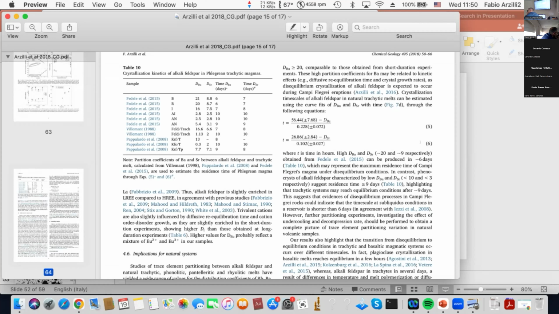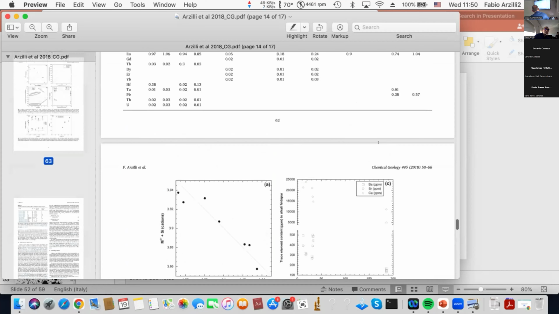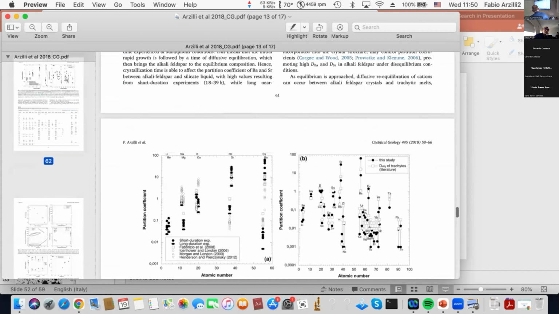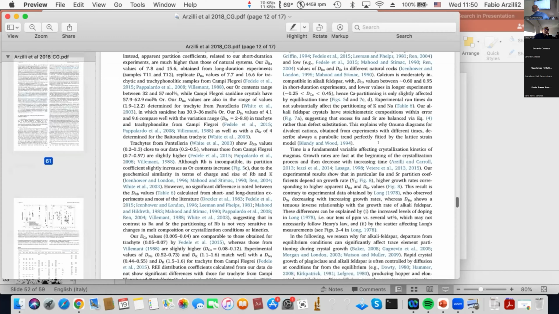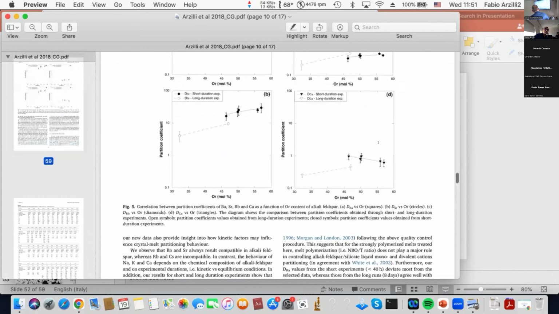And the last figure you showed me is partition coefficient as a function of the time of the experiment. Yes, a short time experiment with fast growth rate. Would you say that it was fast growth rate with the short one? Yeah, for sure.